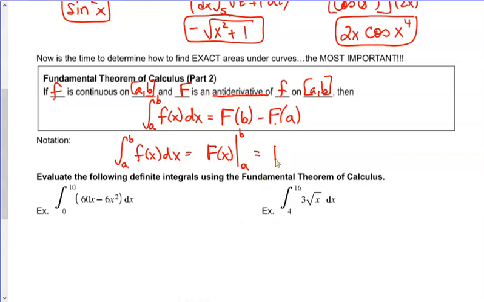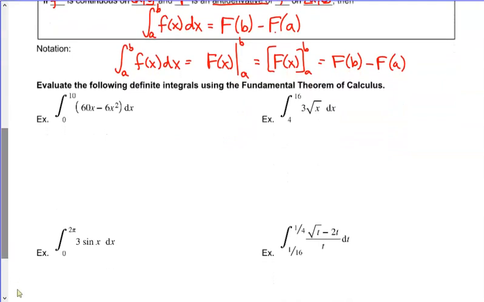I will put a bracket around F of x to represent evaluating at a and b. But that just means that we take F of b, putting our upper limit in first, and subtract the evaluation of that at the lower limit of a. And that is huge, huge, huge to be able to do this.